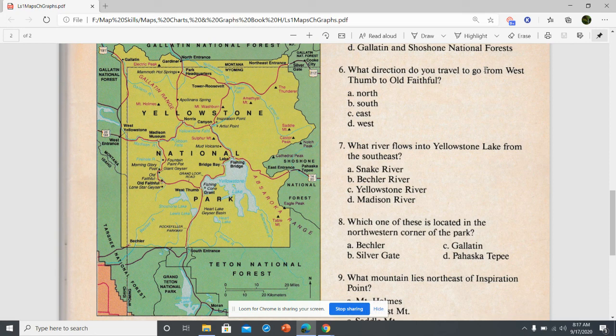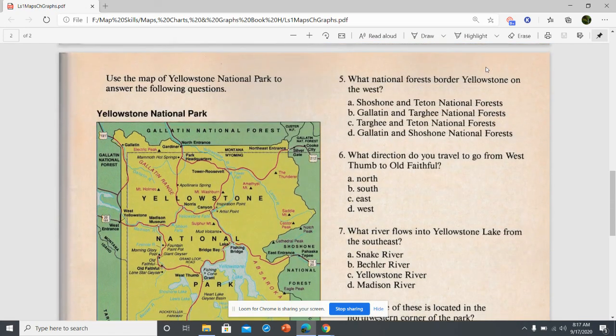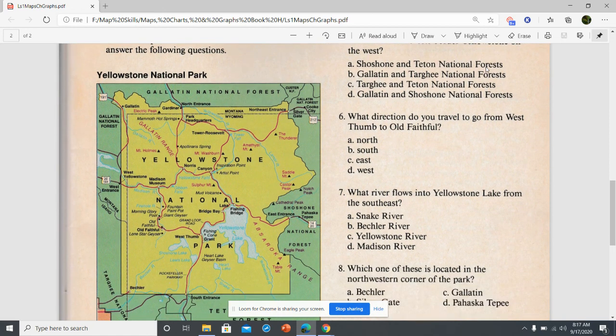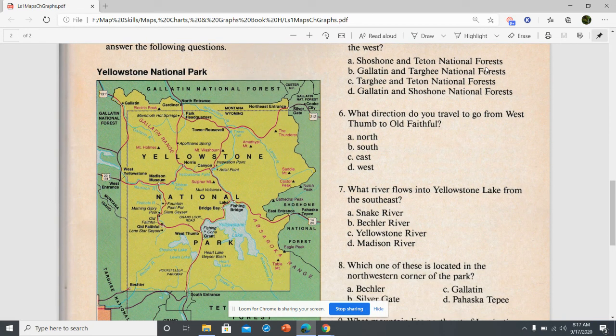Number 4, what state is on the northern boundary of Yellowstone National Park? A, Idaho, B, Wyoming, C, Montana, or D, Colorado? Yellowstone National Park is all of the yellow area there. So look for those boundary lines for the states.